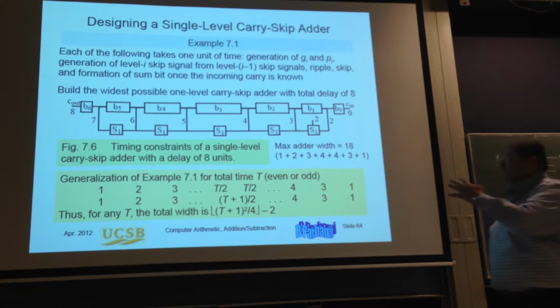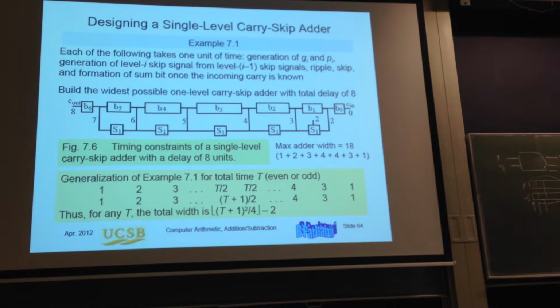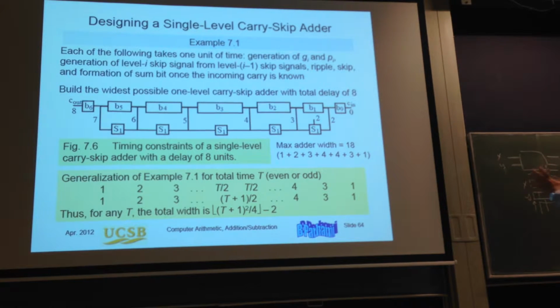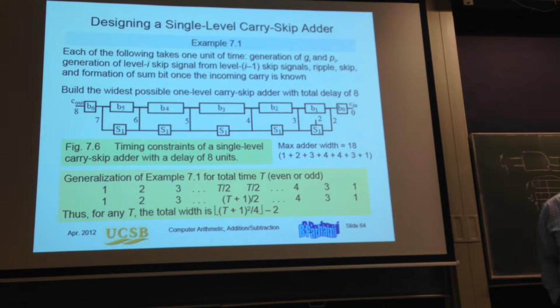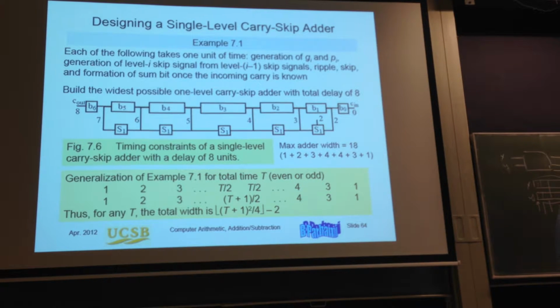Then I am trying to make an adder which will compute the solution after 8 time units. I make some assumptions: the generator of PNG takes one gate level, the generator of the block propagate takes another level, the ripple in the full adder takes also one level.